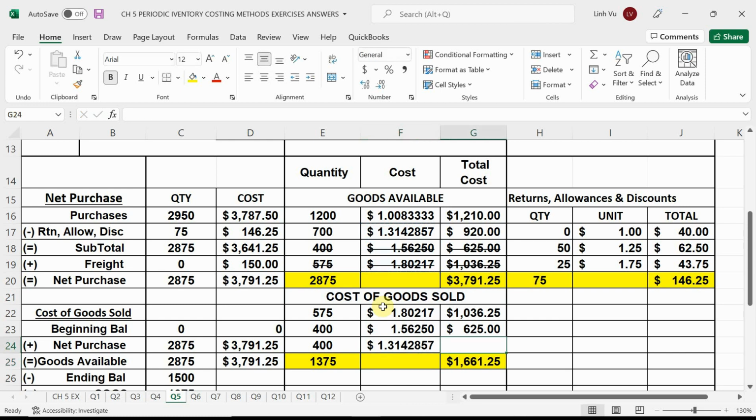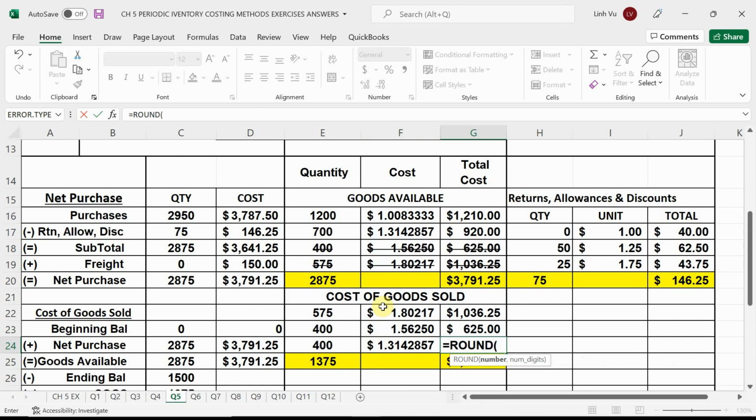So in this case, I need to calculate this amount here to get me a total of my cost of goods sold. So if I sold 400 units at $1.31485, how much is that going to be?